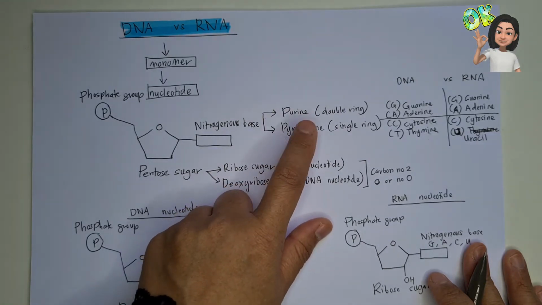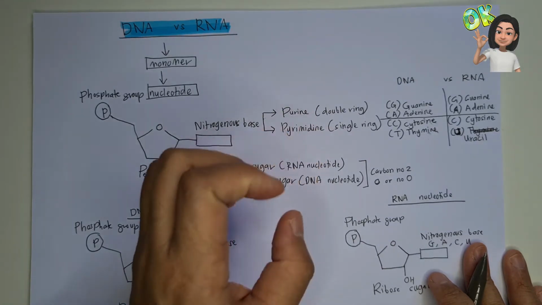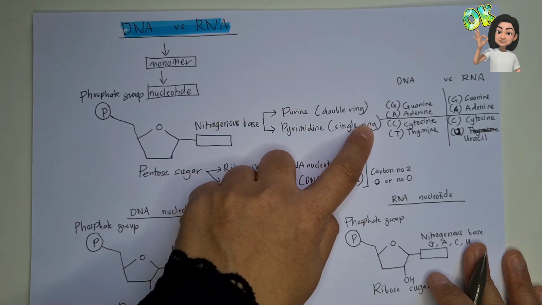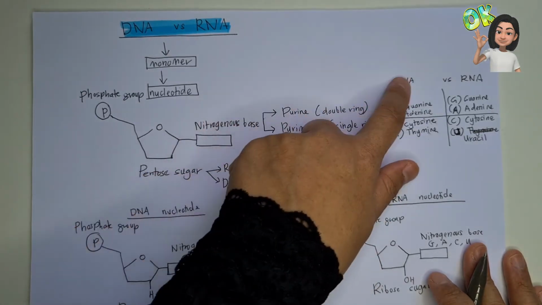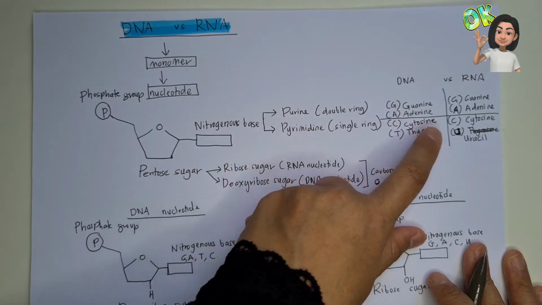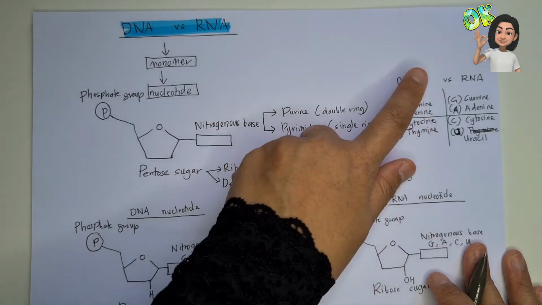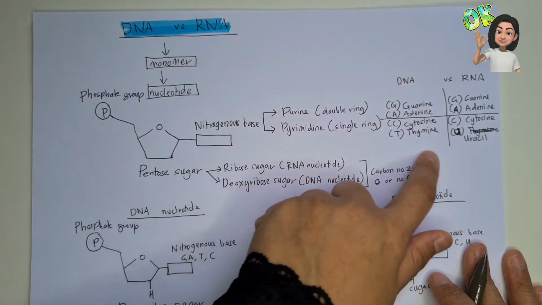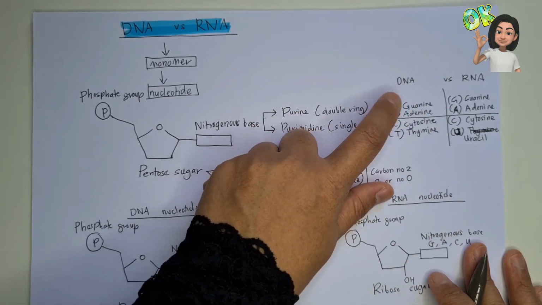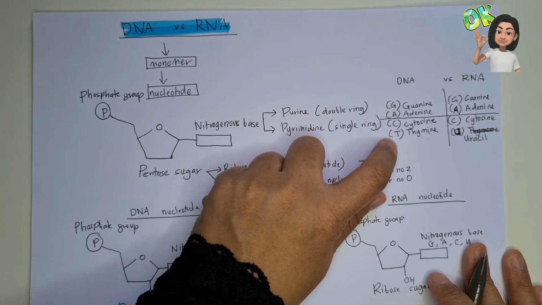The second one is pyrimidine. Pyrimidine consists of a single ring, and the nitrogenous bases for DNA are cytosine and thymine. So a DNA nucleotide will have any one of these: guanine, adenine, cytosine, thymine.